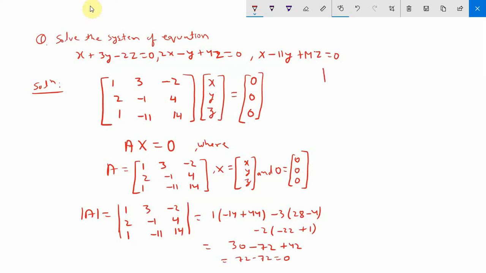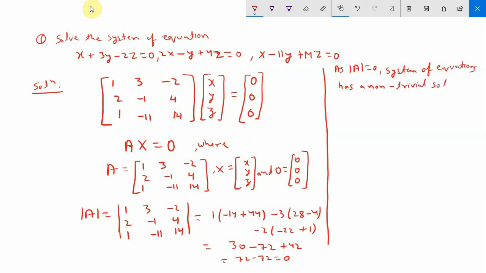So next, how we will proceed to see this: as determinant of A is equal to 0, the system of equations has a non-trivial solution.